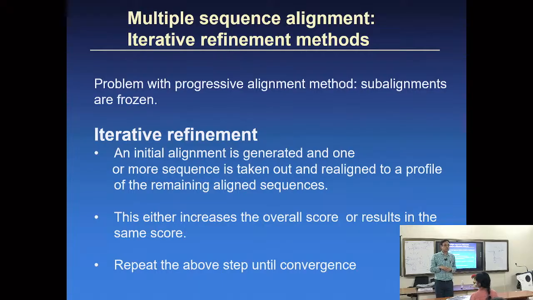The main idea here is that when you perform that, either the score will increase or the score will remain the same. So as you do this, you should see that the score is increasing, and you go through many iterations until convergence. Convergence means that if you do it again, the score is not going to change. So this is called iterative refinement.